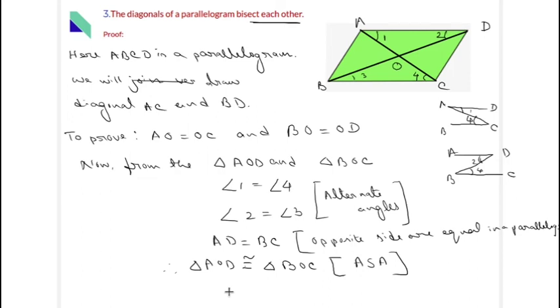Their corresponding parts are equal. Okay, so therefore we can write AO is equal to OC, and BO is equal to OD. So ultimately we have proved that the diagonals bisect each other. Okay, so here is the proof.